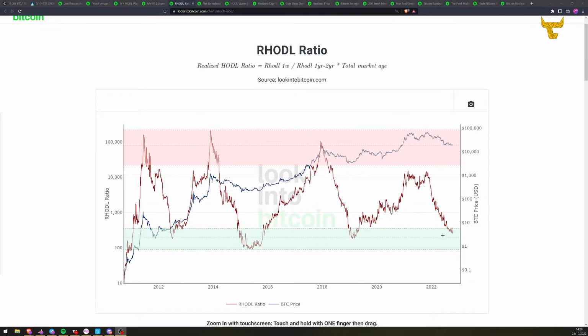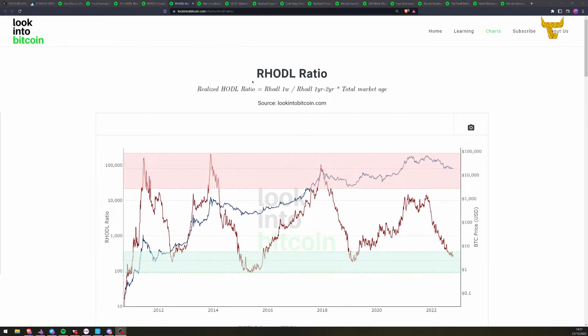And here again, we are in what have been historically the lows of Bitcoin. This one as well.